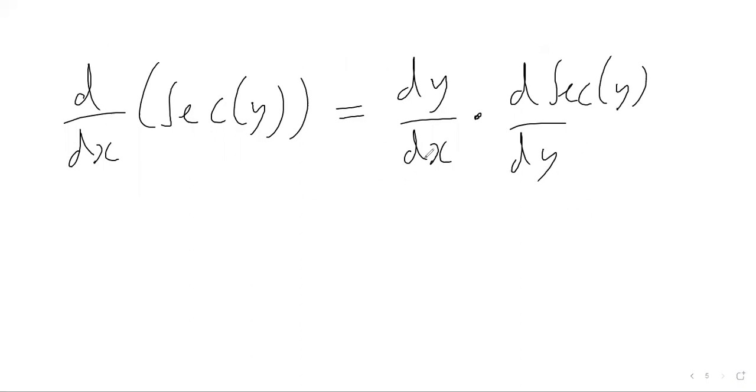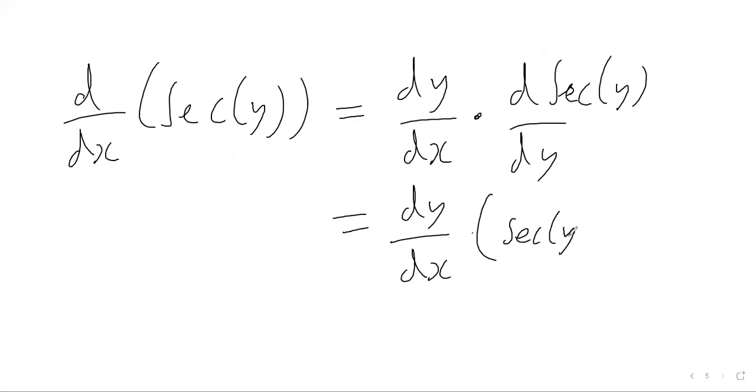Simplifying this, we get dy by dx multiplied by the derivative of sec. From a previous video, we know that when we differentiate sec, we get sec times tan. So sec y times tan y.